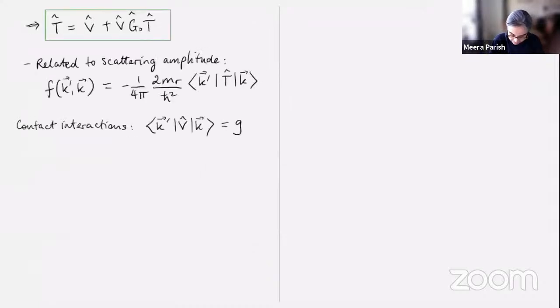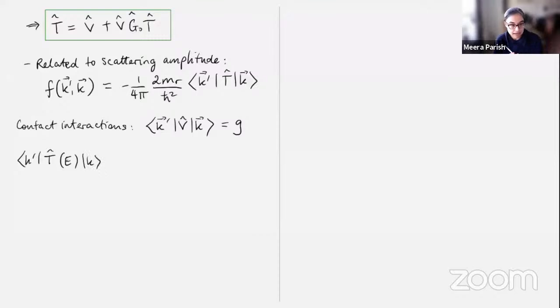So what I want to do now is insert this part here, this one here. So I take this K prime T, and remember it's a function of E in general, or E plus i eta.